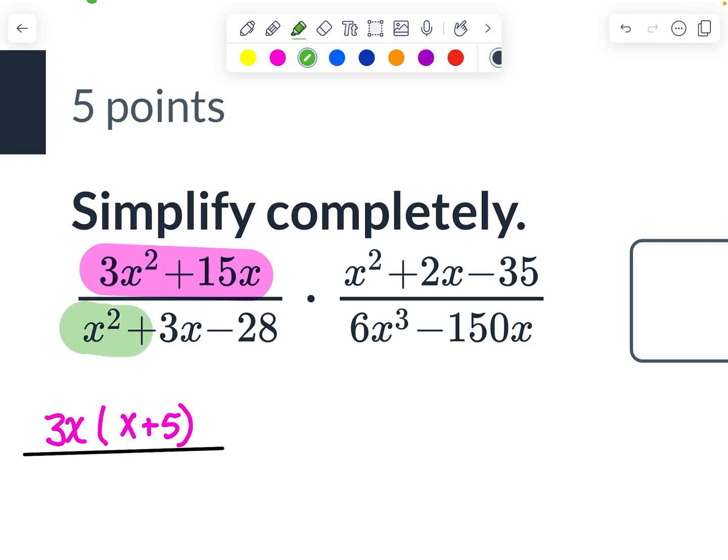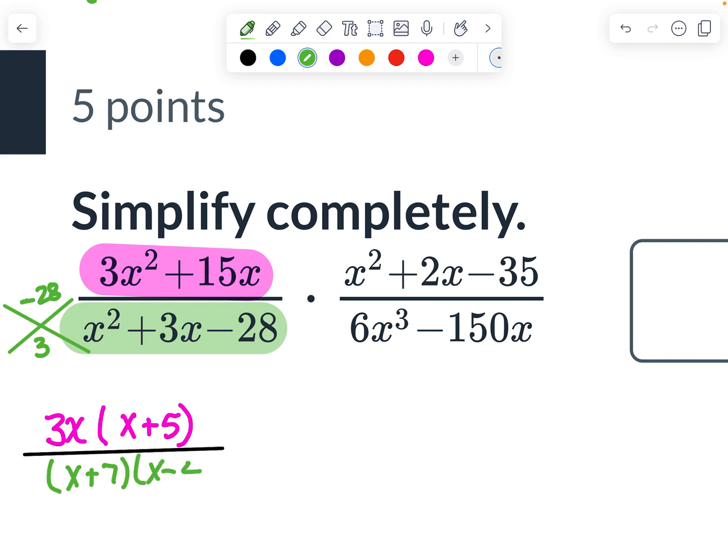We do not have a greatest common factor, but we do have a quadratic trinomial, so we will be looking for factors of negative 28 whose sum is positive 3, which would be x plus 7 and x minus 4.